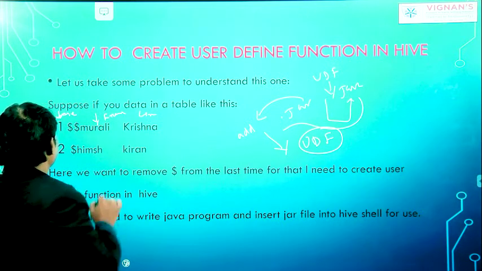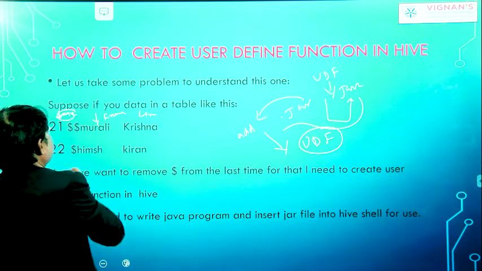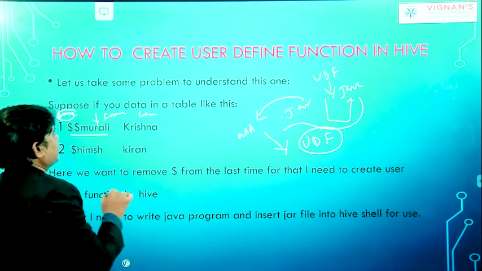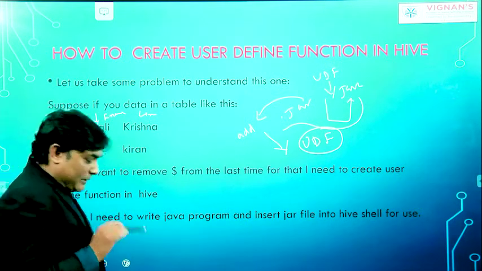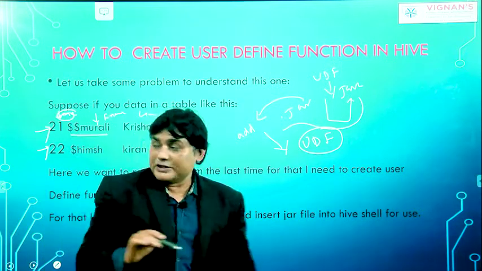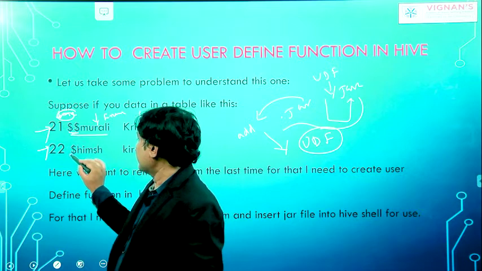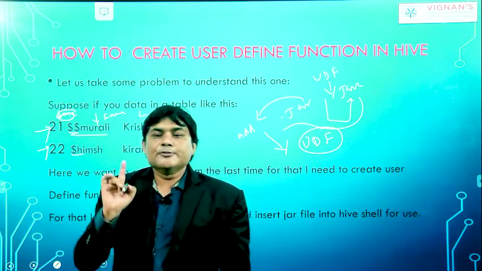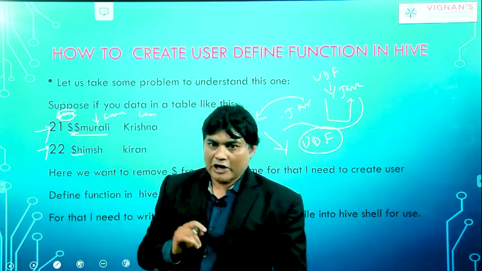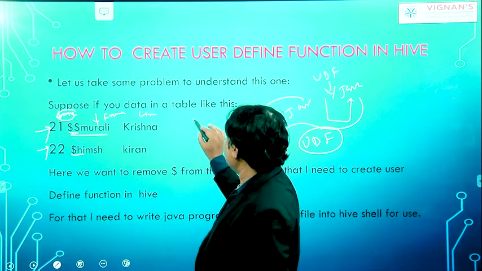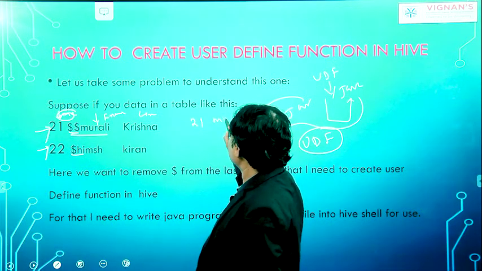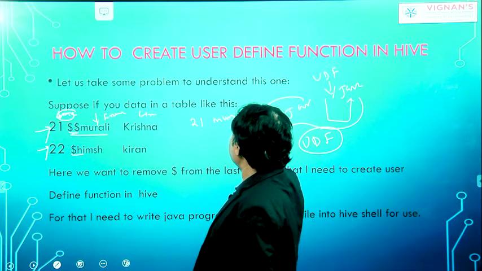We have the age, then the first name and last name. But in my case, if you see the first name, we have a $1, a $2 here, and a $1 here. I want to remove the $. I want to display 21, then Murli, and then Krishna.